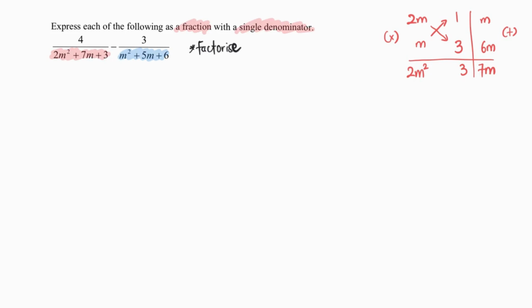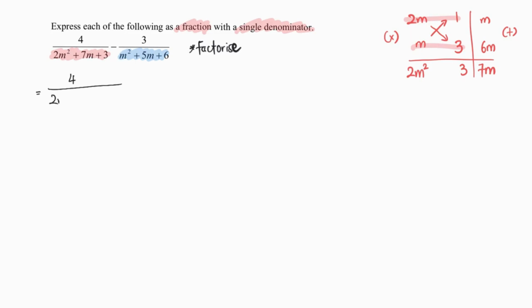And therefore, I've gotten my first set of factors, which will be 2m plus 1, m plus 3. So you will see me writing it down.